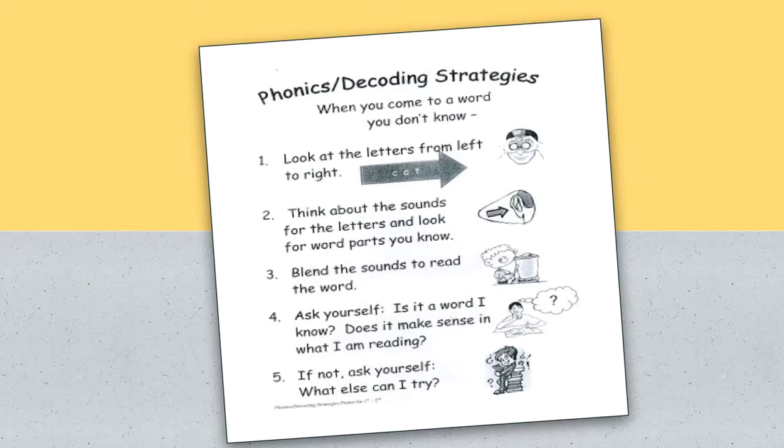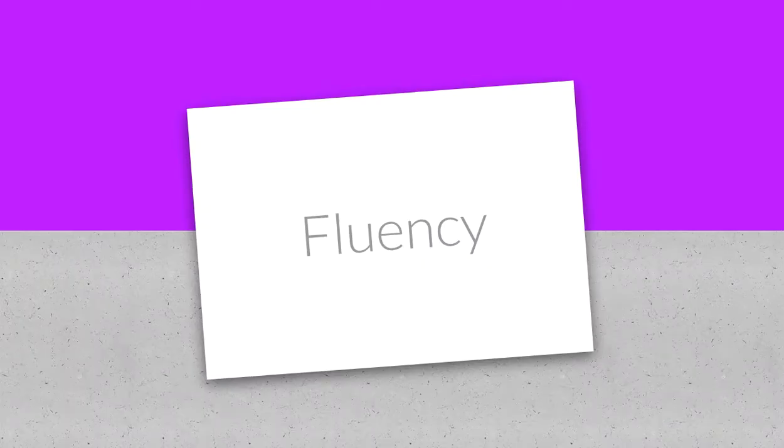Another phonics and decoding strategy is that we read the words from left to right. Look for the chunks of words that you know. Blend the sounds together. And so ask, does this make sense? Does this really make sense, what I'm reading? And that goes along with your comprehension piece.